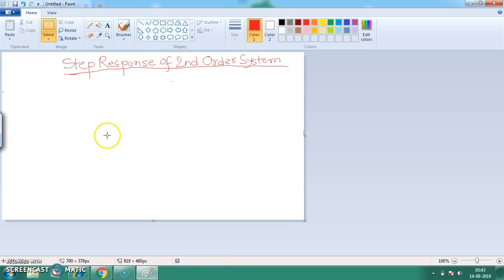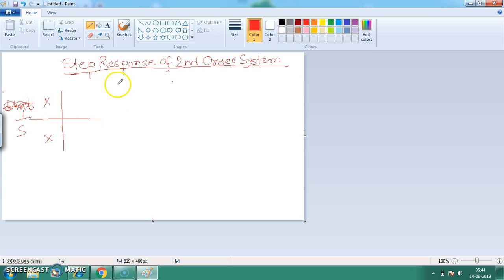In case of underdamped response, we know the closed loop poles, as it is a second order system, we will get 2 closed loop poles, and this closed loop pole position is imaginary with having a negative real part. So the pole position is like this. In this type of system, we are feeding a unit step to the system.